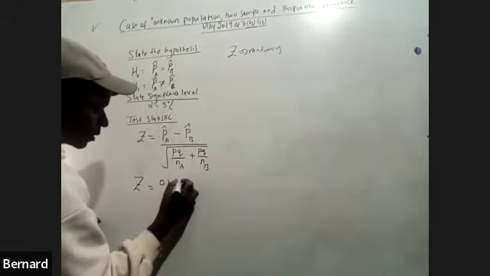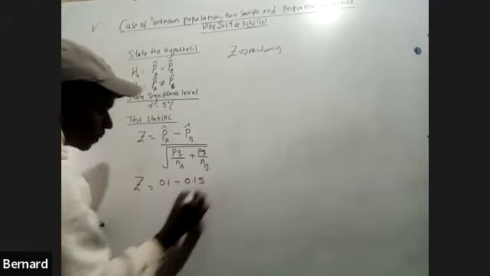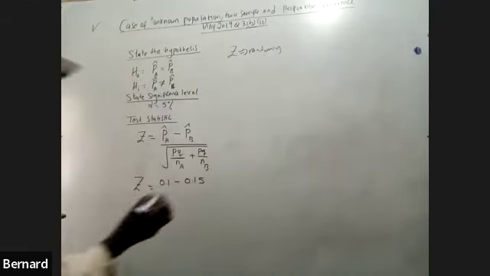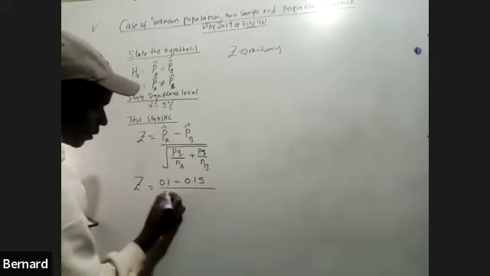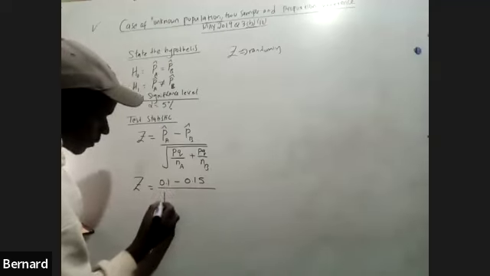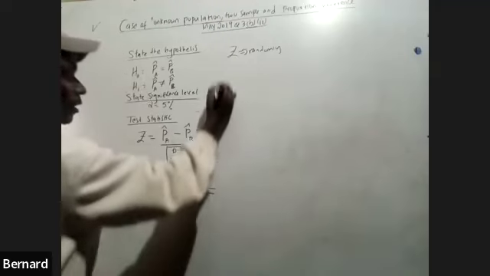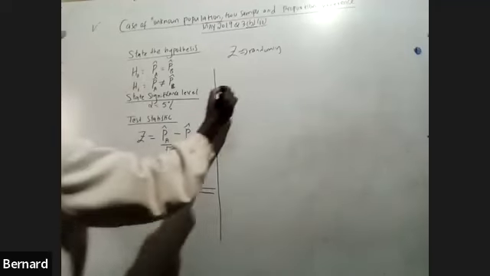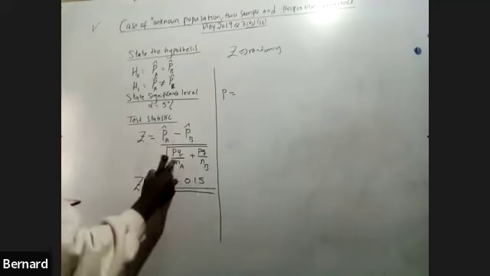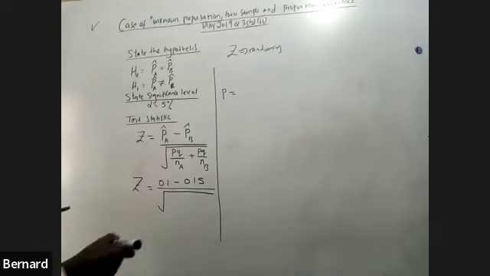Then after the advertisement, what is the proportion that use Safi? 15%, that is 0.15. Then we need to find the P. So P times Q over N.